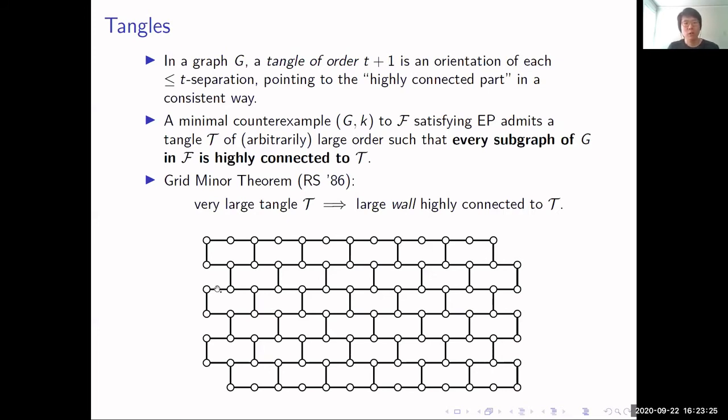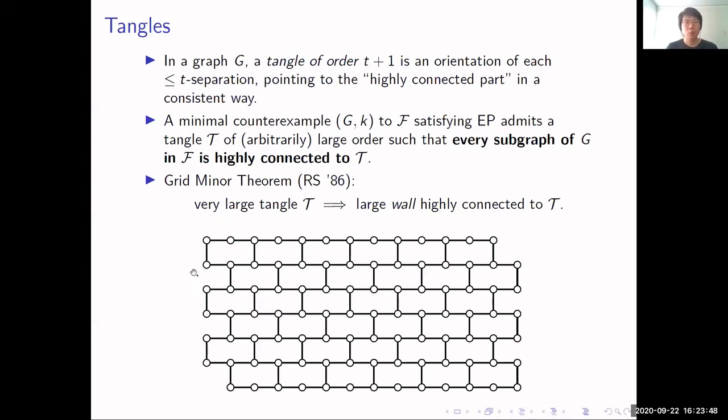So why do we take these walls? Why don't we just take the square grids, which are obviously more natural? It's because the grids have vertices of degree 4. And in terms of graph minor relations, if you have a big grid minor, you don't necessarily have a grid as a subgraph or as a subdivision of a subgraph.